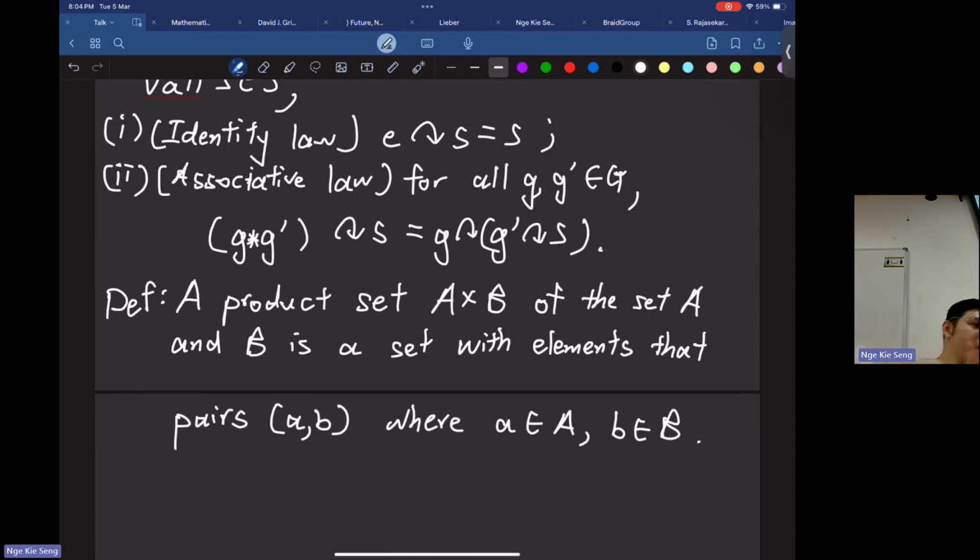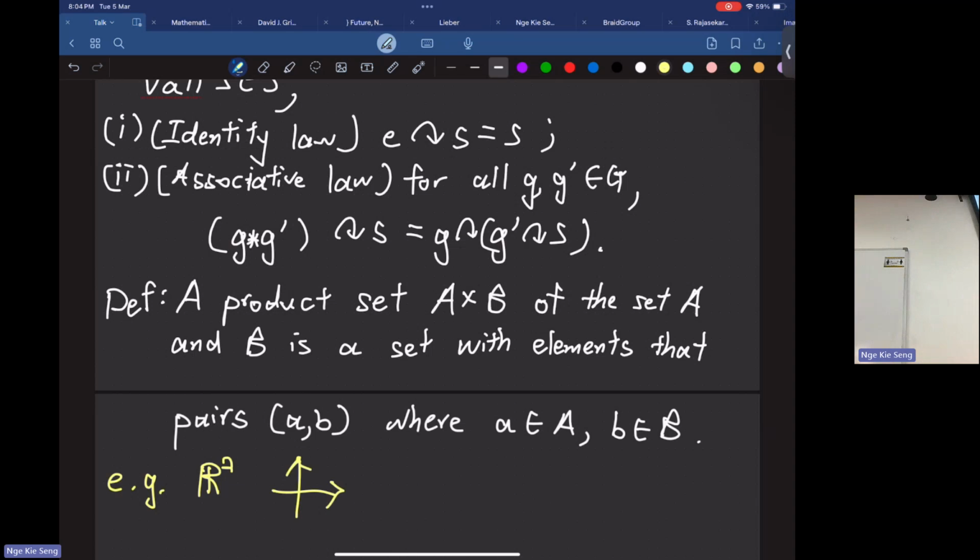Okay, so actually you encounter this quite frequently already. What have you encountered? R2. What is R squared? Actually, it's R cross R. So this is one example you have frequently encountered. R2, you know how to draw a plane, right? So you draw a plane. What's the element here?